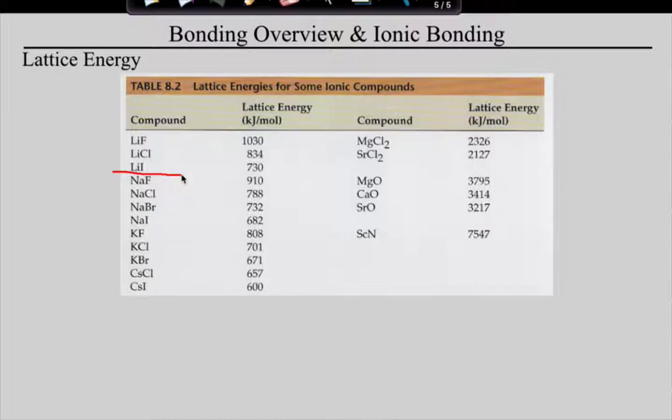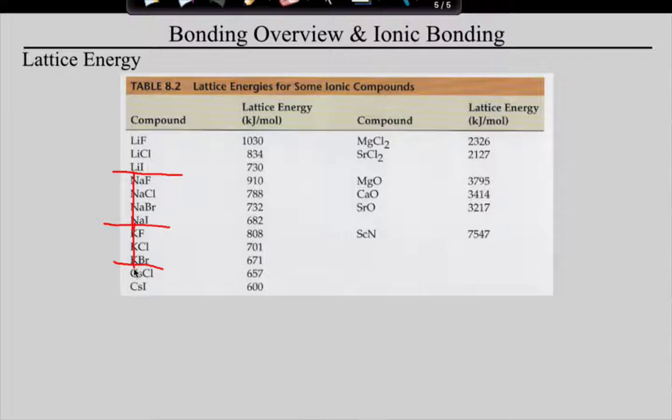It goes down, so the lattice energy is lower. And guys, that just repeats itself. Here our constant is sodium. As we go down, the ions get bigger and the lattice energy goes down. Here our constant is potassium. As we go down, the ions get bigger and their lattice energy decreases. Do you see that? So guys, the bigger the ion, the weaker the lattice energy. If you can't keep that straight, you may want to write it down. The bigger the ion, the weaker the lattice energy.